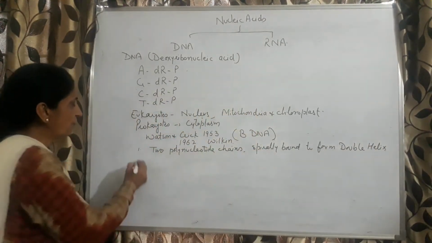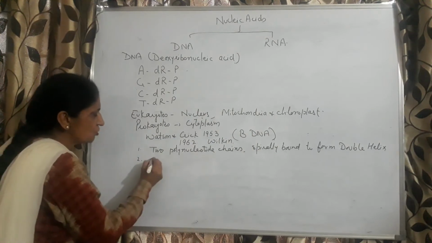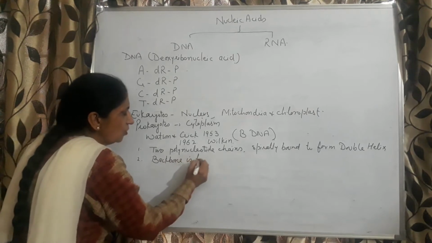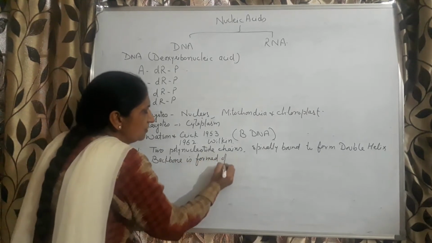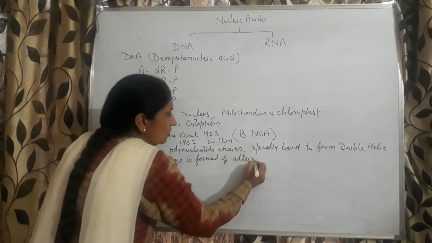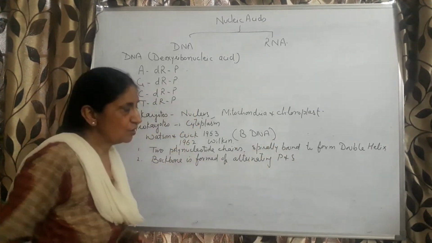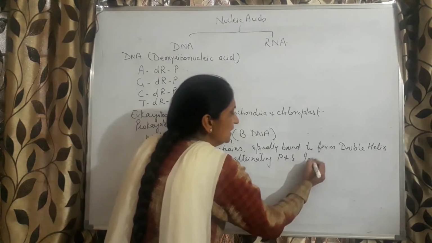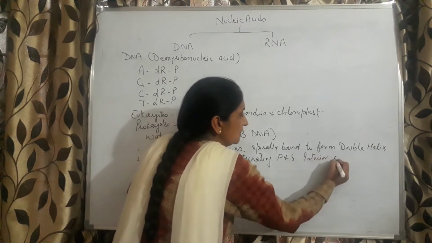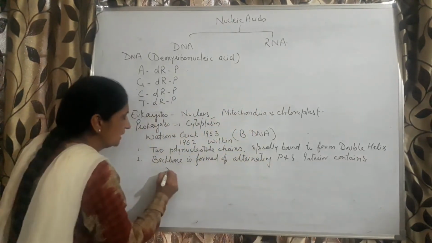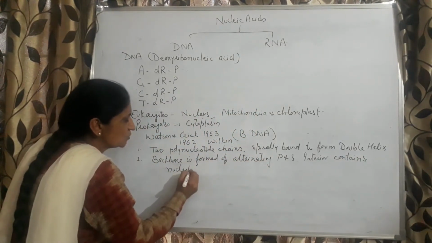The backbone of each polynucleotide chain is formed of alternating phosphate and sugar molecules, whereas the interior contains nucleotide base pairs.